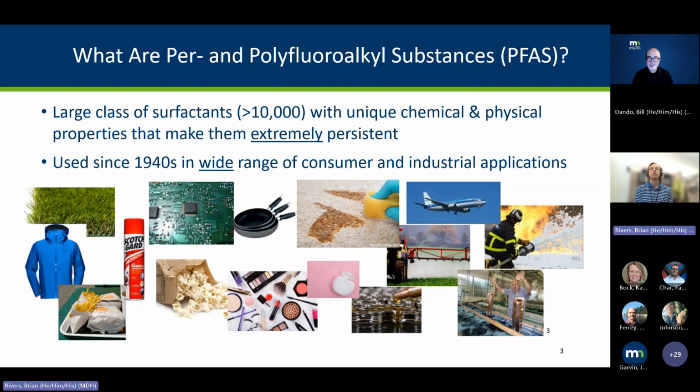But because there are so many of them, they've been integrated into so many different products and processes that you may not necessarily think about, like fast food wrappers and cosmetics and AstroTurf and pesticides and aqueous firefighting foam. If it has a water repellent, stain repellent, grease resistant, or heat resistant property, you can suspect that PFAS may have been used in the production of that product.